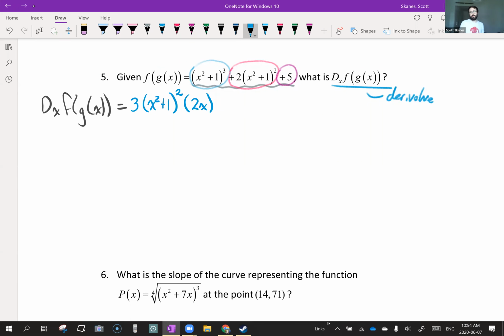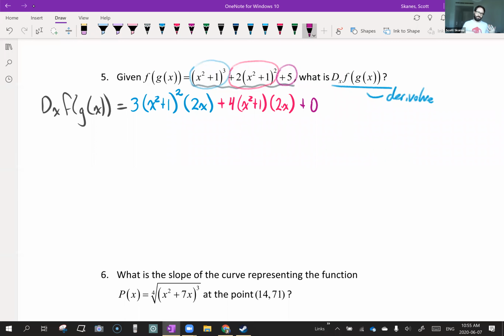That's my first piece. My second piece, which is this red color, is going to be this. 4, keep the inside the same, reduce the power, it's just 1, and then the derivative of the inside. 5, the derivative of 5 is just 0.